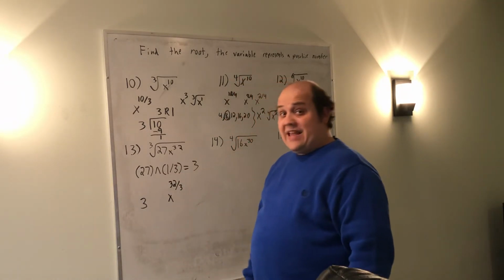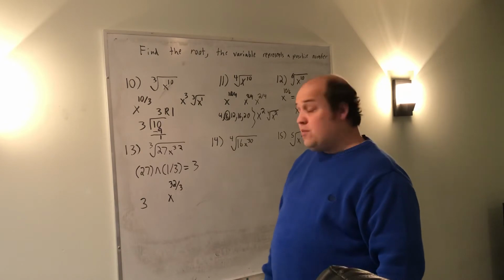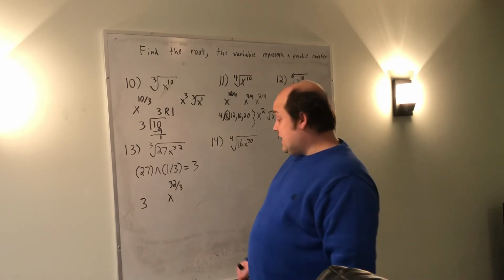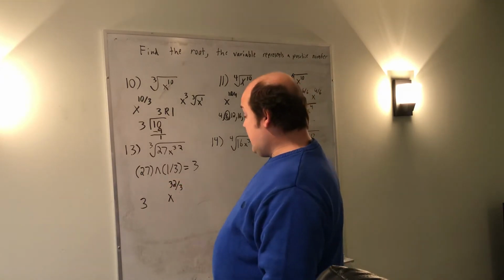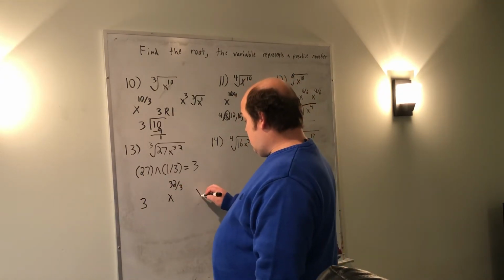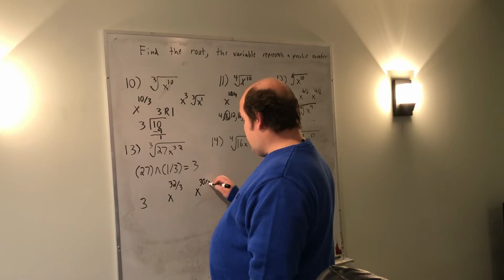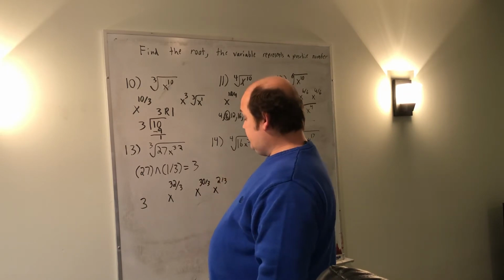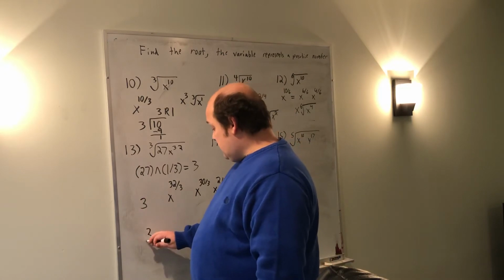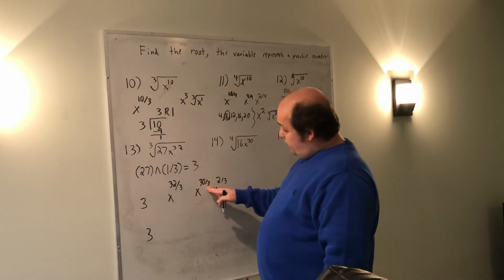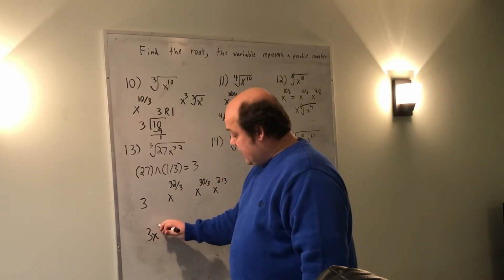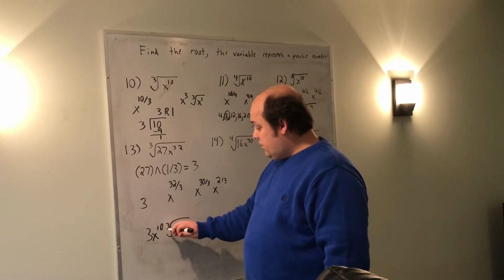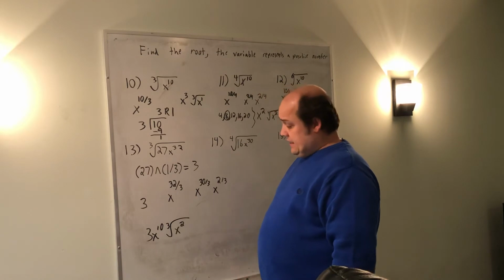If I put this in my calculator, 32 divided by 3 gives me 10.67. That 10 tells me I can take away 3 times 10 or 30. X to the 30 thirds leaves behind x to the 2 thirds. So this 3 is on the outside. 30 divided by 3 gives me x to the 10th that comes outside. And what's left over is still under the third root, x to the 2nd.